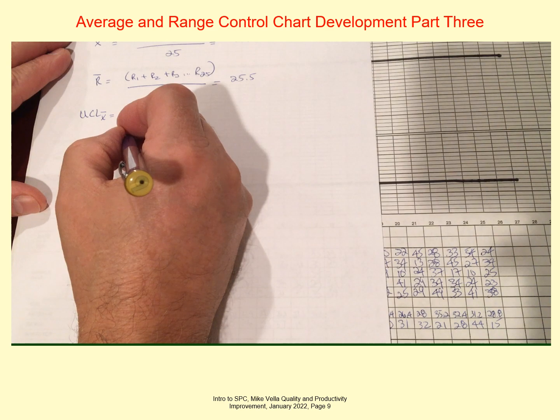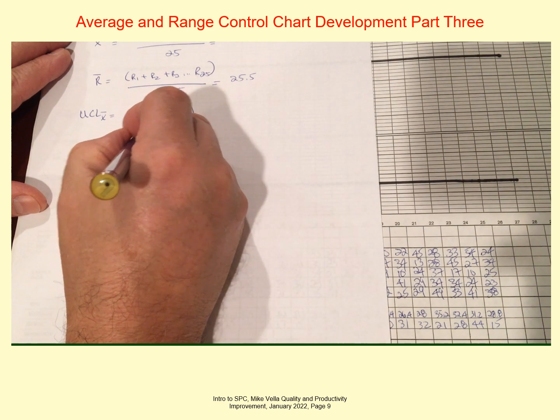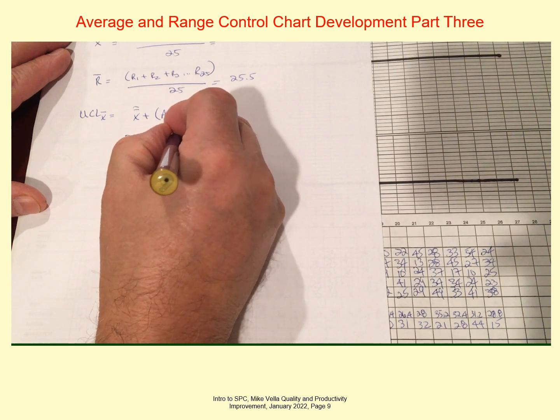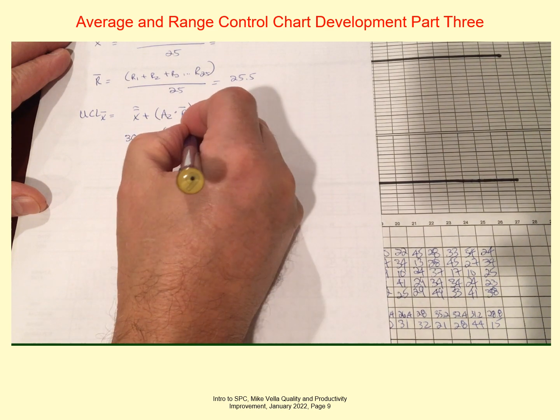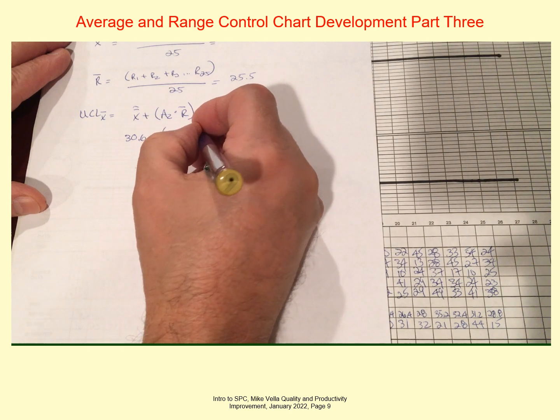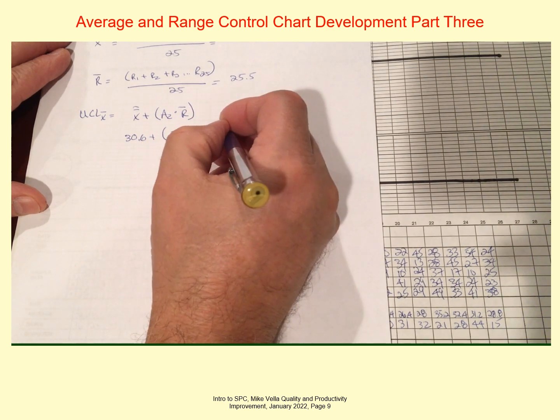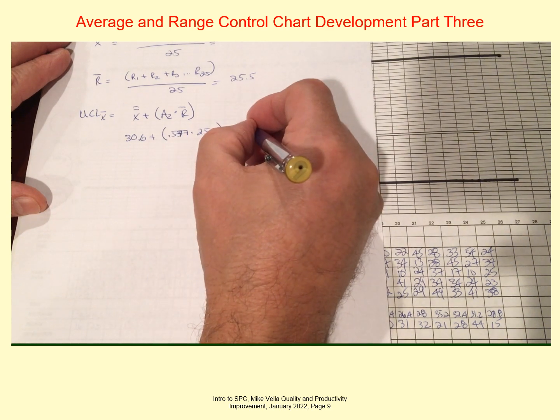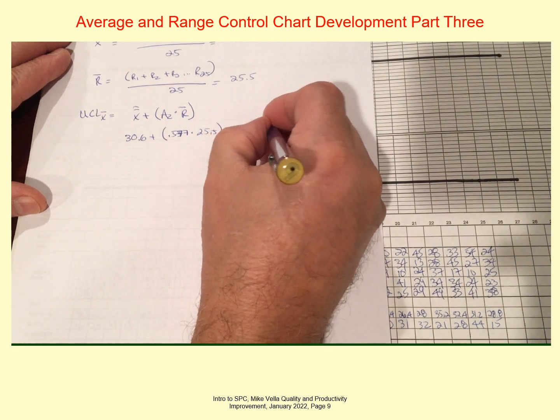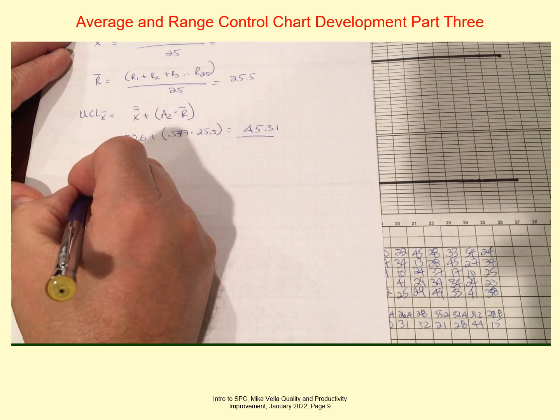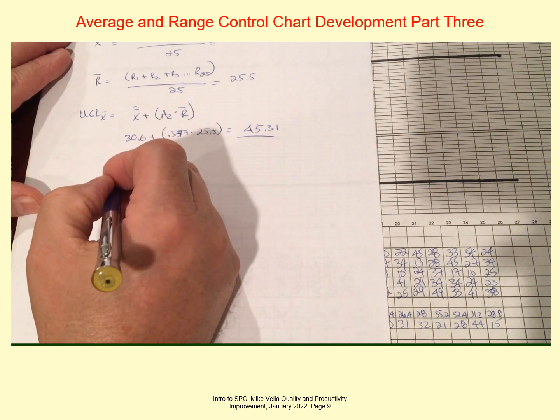So our calculation is 30.6, which is the X double bar, plus 0.577 times the average range, which is 25.5. And that number works out to be 45.31. So that's the upper control limit, X bar.